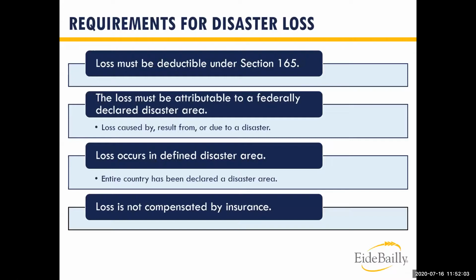Go ahead. Yeah, interestingly, one of the most challenging things in this analysis, aside from the attributable losses we'll talk about in a minute, is that it has to be deductible under 165. A lot of our ordinary and necessary business deductions are deductible under 162. So something that otherwise would have been a utility cost, a rent cost, a payroll cost, those would all previously have been deducted under 162 and not 165.